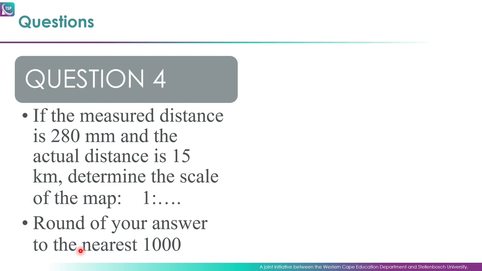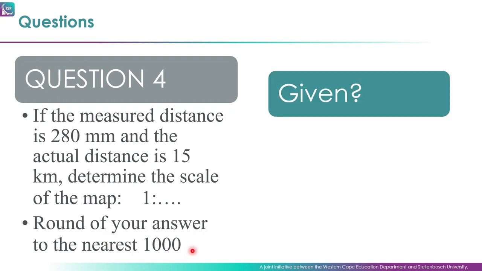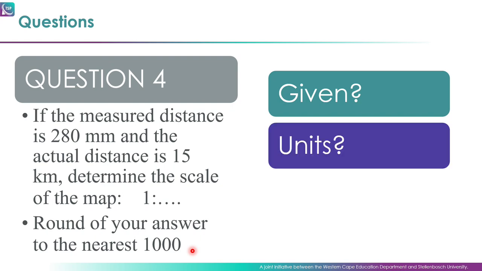If we look at question 4, it says the measured distance is 280 millimeters and the actual distance is 15 kilometers. Determine the scale of the map in the form 1:2 and round off your answer to the nearest 1,000. So what is given? The map distance as well as the actual distance.